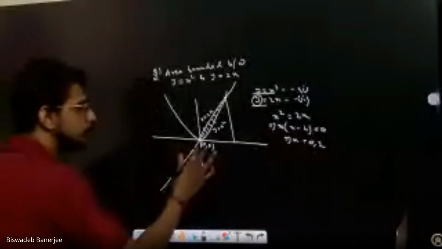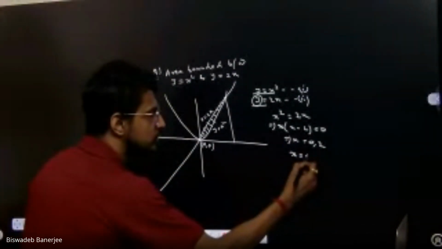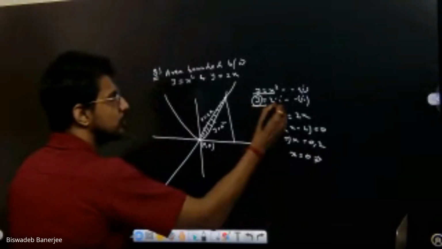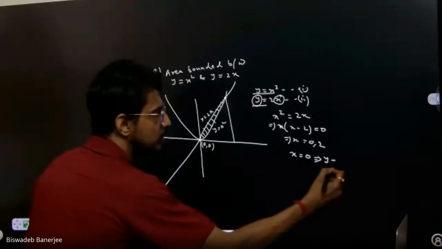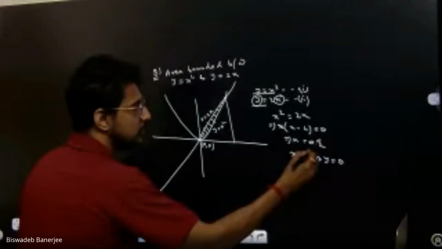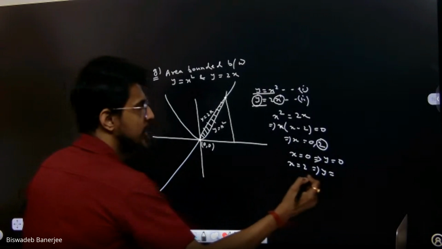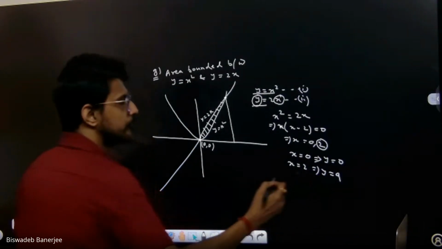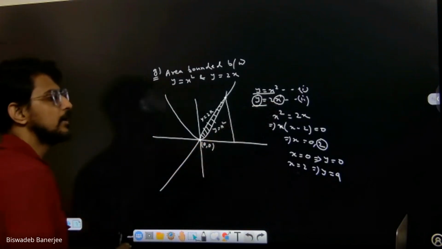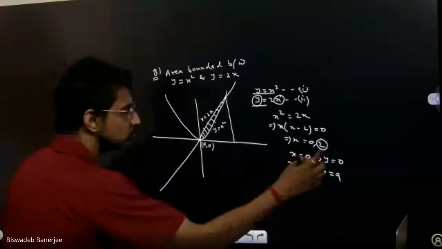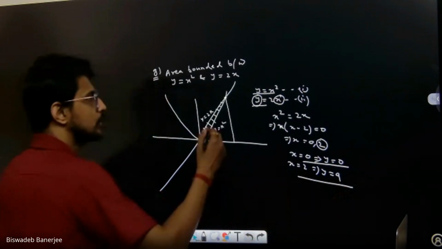When x equal to 0, my y is 0. And if we put x equal to 2, my y will be 2 into 2, 4. So they intersect each other at two points: 0, 0 and another point 2, 4. There is my 2, 4.